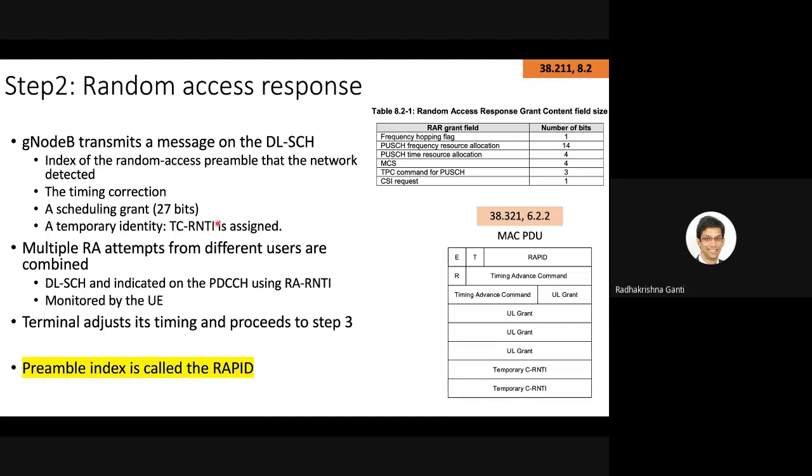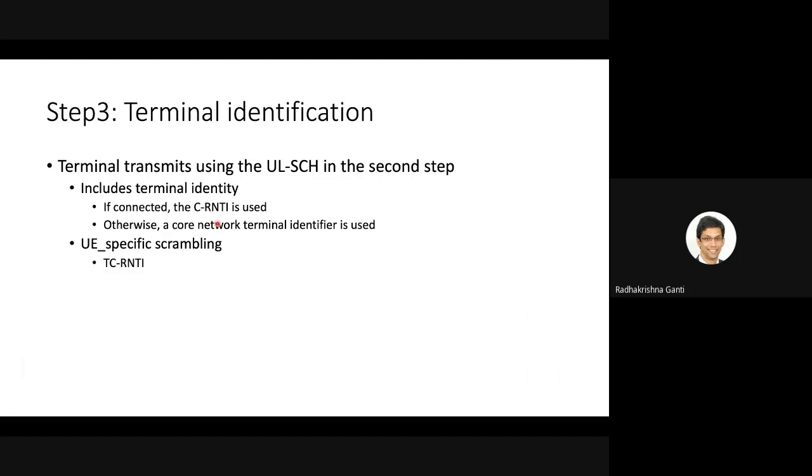The maximum time for which the UE waits is called the RAR window. After that, its timer expires, and it goes back to step 1. That's called the RAR window. Even that RAR window is specified by the SIB1 message. If you check that, we'll understand it.